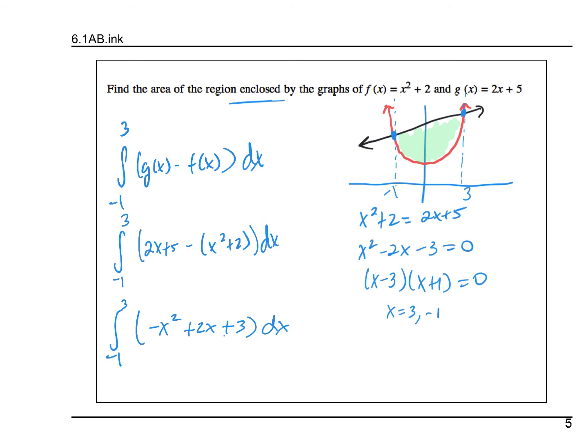Is anybody having any issues with calculators? Are we okay? I understand that we're probably not all plugging in right now, but just make sure you're confident in getting these answers by yourself.